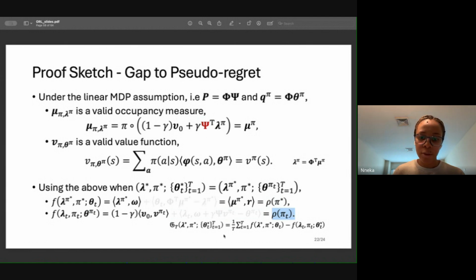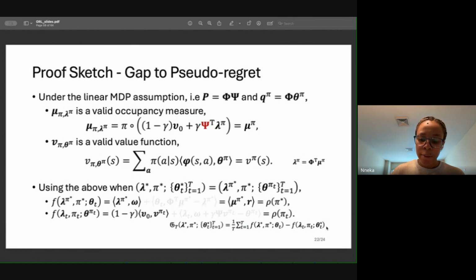Putting these two terms in the definition of the duality gap, we can easily resolve that this term is just the pseudo regret of our learning algorithm.